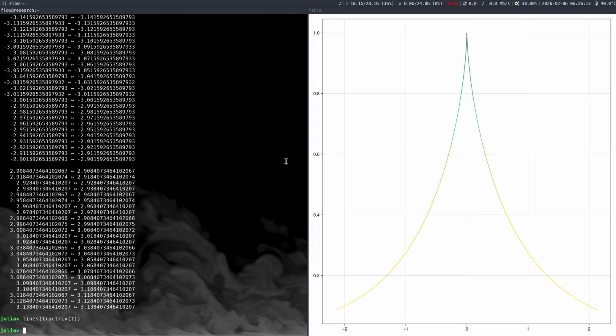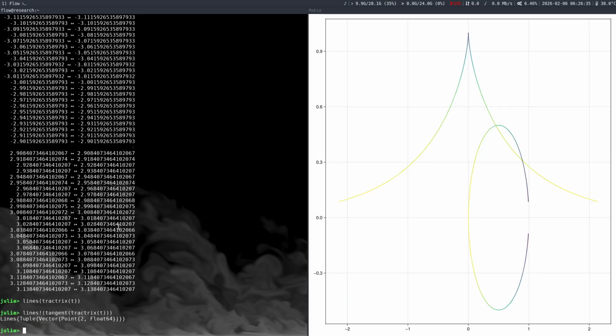This is a curve called the tractrix, which has a cusp here at 0, 1. And that's the tangent curve right there.